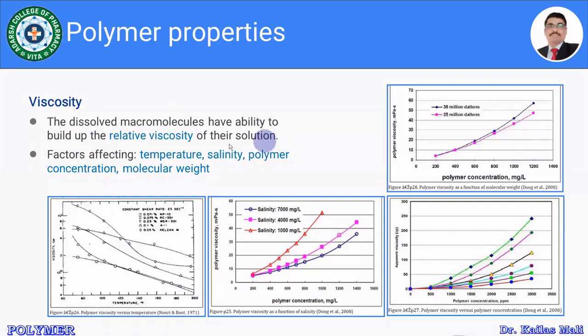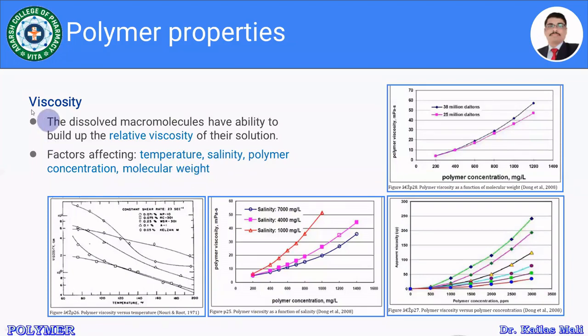There are so many factors which are going to affect the viscosity of the polymer, and the important factors are like the temperature, salinity, then polymer concentration and the molecular weight.